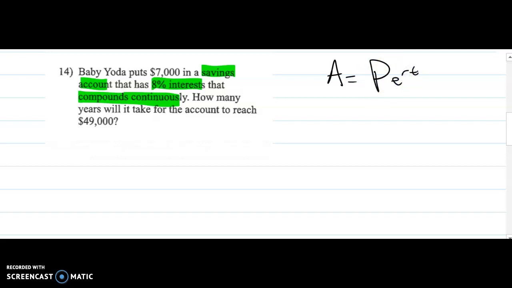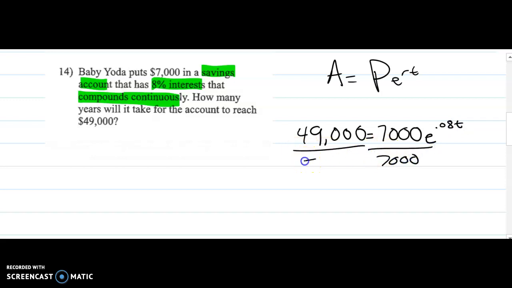Okay, so now I'm going to plug everything into this formula. So I have 49,000, which is my final, equal to my P, my initial, 7,000, e to my rate, which is 0.08, times t. Okay, I want to solve for t. Divide by 7,000.